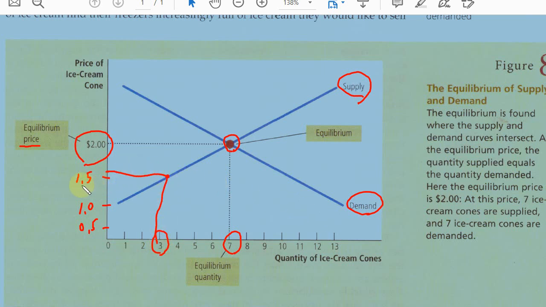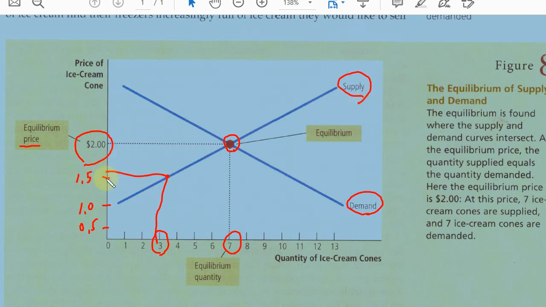If the price is 1.5, then the supplier would like to supply their product, ice cream cone, in the market at 3.